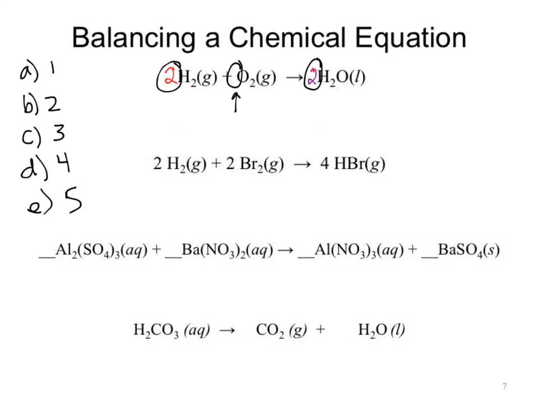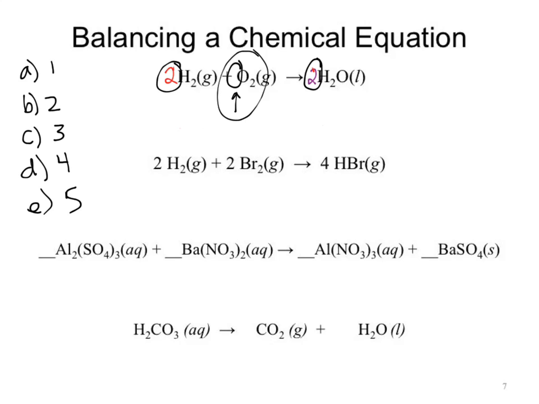C, or 3. What's the coefficient for oxygen? 1. Why do I have 4 up there? 4 is a legit mistake answer, because you did not count the 1 in front of the oxygen. So all of these answers have the potential to be correct.